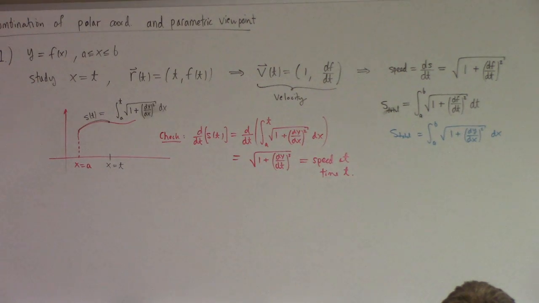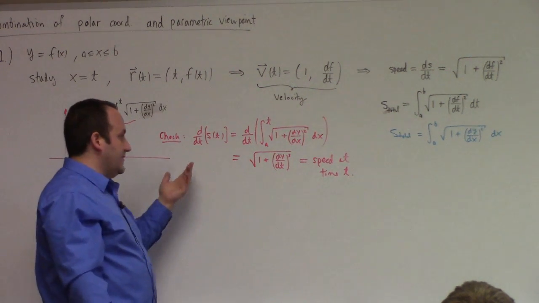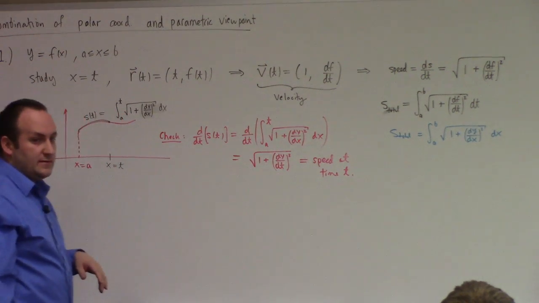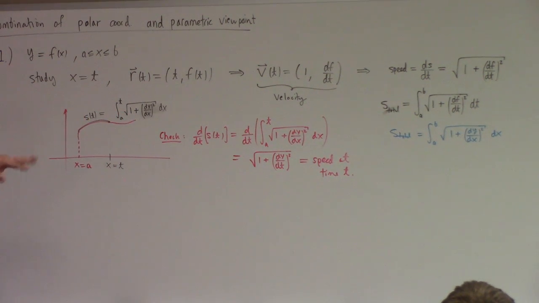And by the fundamental theorem of calculus part 1, ds/dt is in fact equal to the speed. I didn't use any geometric hogwash to derive that ds/dt is equal to the speed this time. It was just calculus.